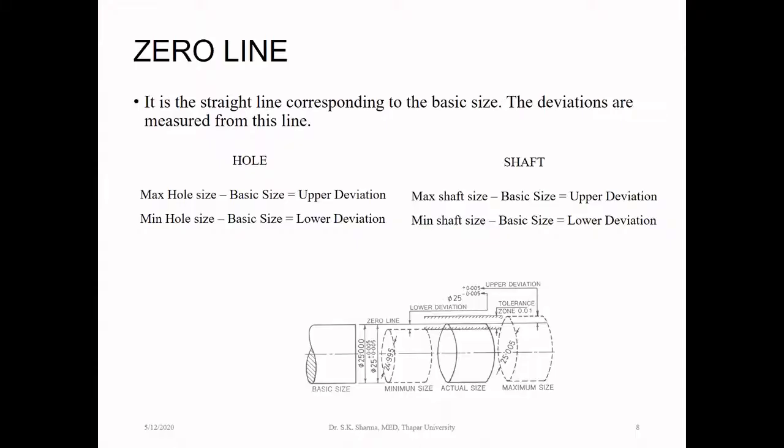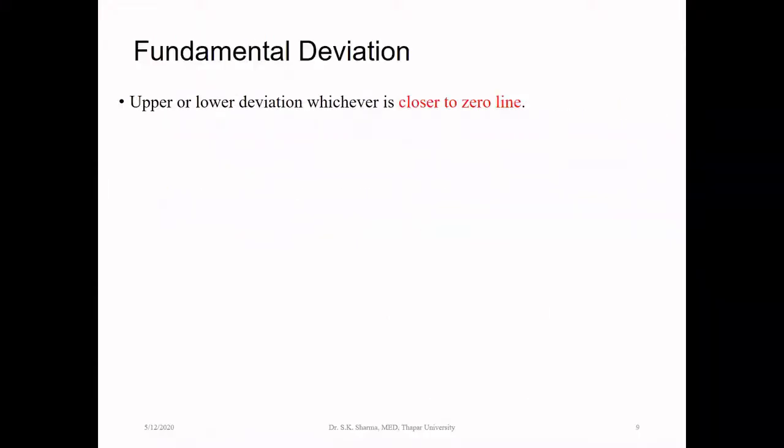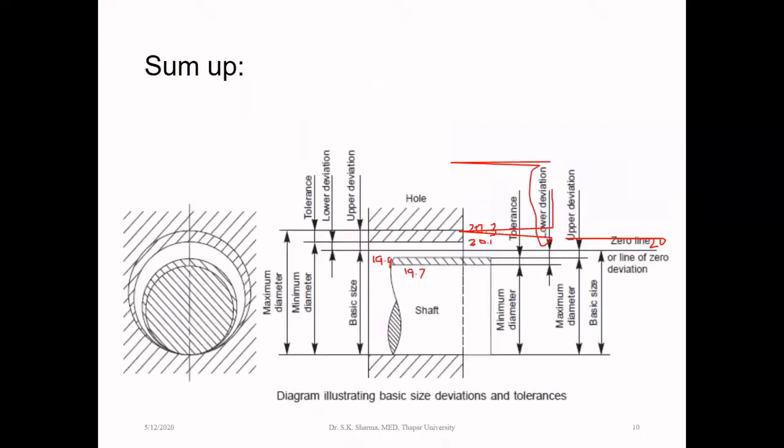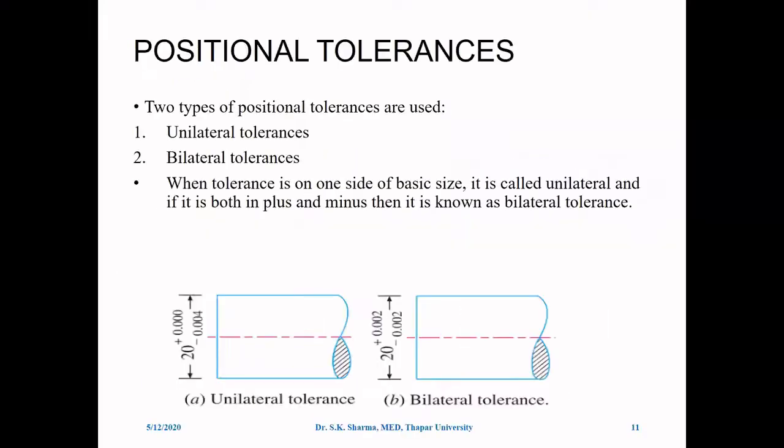And then we also talked about something called the fundamental deviation. Fundamental deviation is the deviation which is the minimum of the two, that is lower and upper deviation, whichever is the minimum, we call that the fundamental deviation. Then in the same discussion, we also talked about tolerancing.